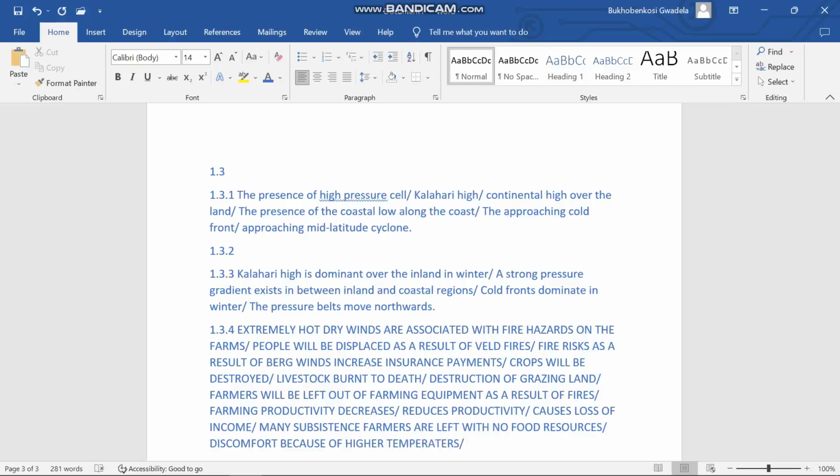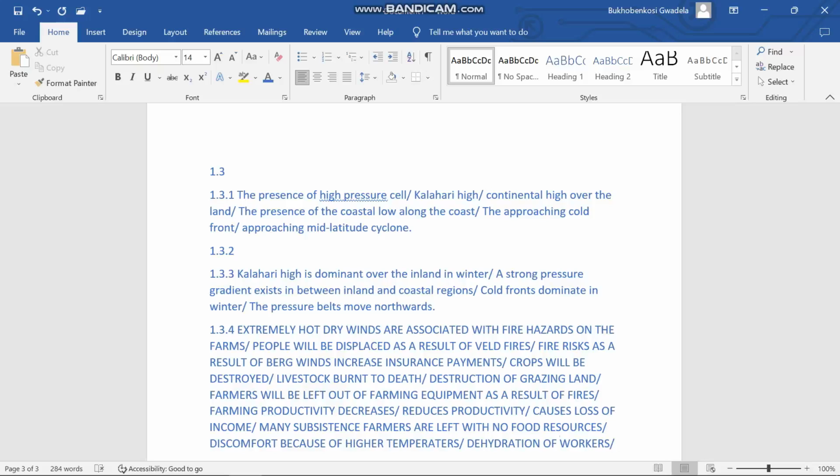So higher temperatures cause dehydration of outside workers, of workers in these farms.